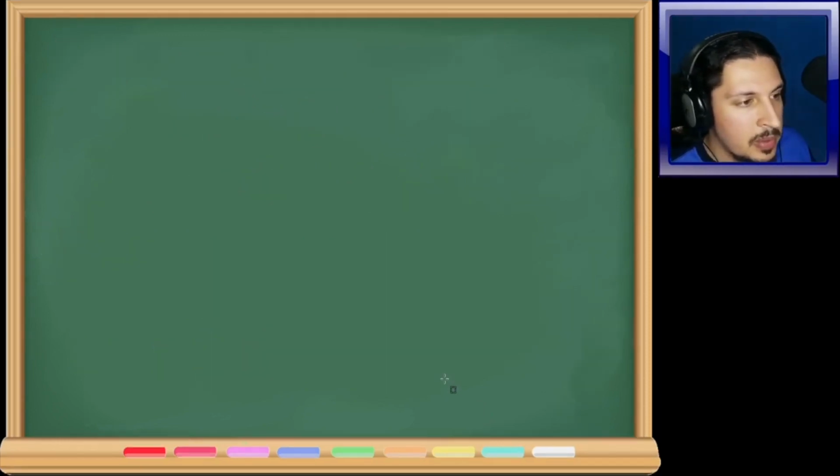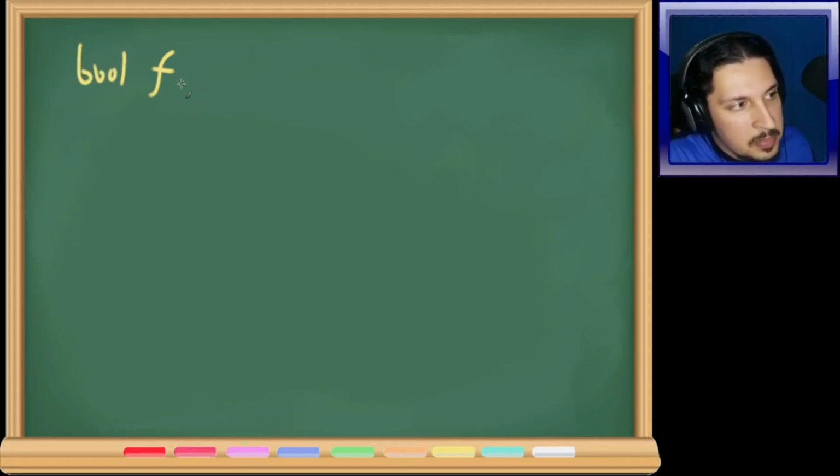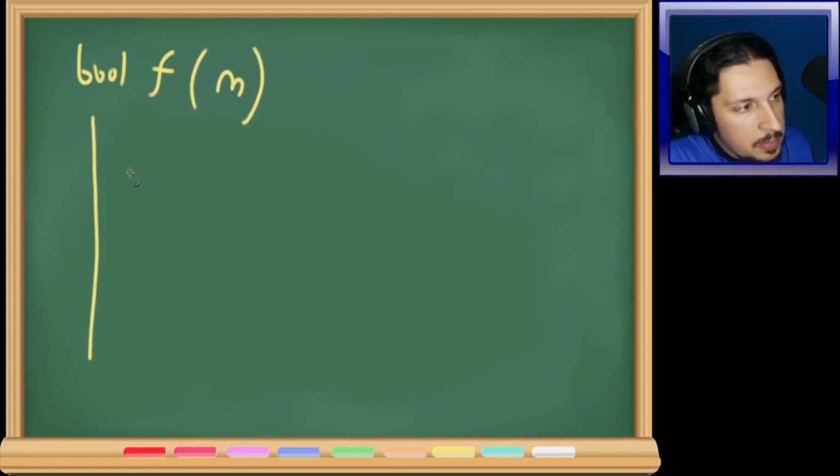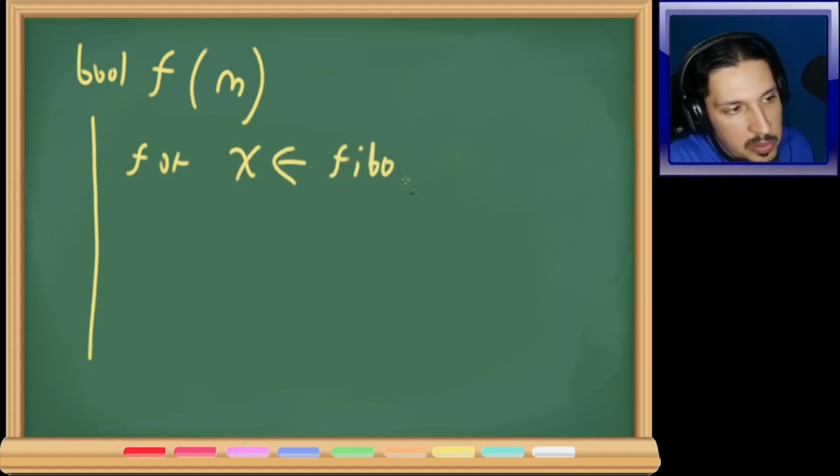Let me show you. The code was something like, it was essentially a backtracking implemented by a recursive function, f, which made the check, so it returns, say, a Boolean value to say if a number can be written or not. And to check, basically, it tried all the Fibonacci numbers, which were pre-computed in a list.